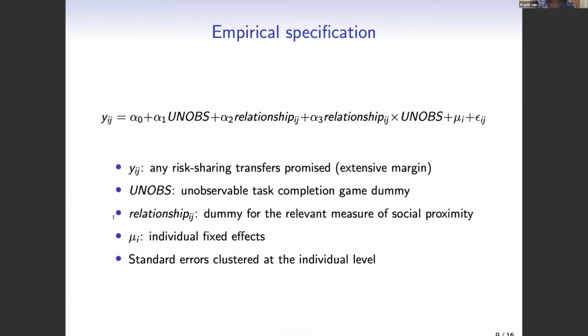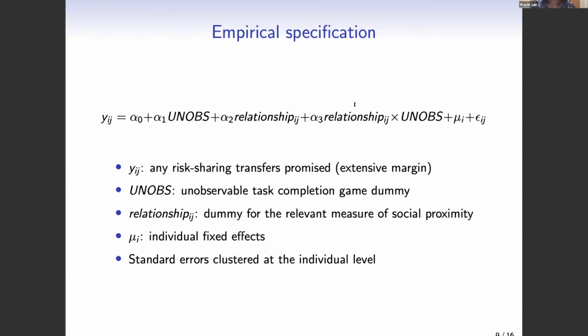The empirical specification: my main outcome of interest is whether there are any risk sharing transfers, thinking about the extensive margin, whether I make any transfer to my partner when I get high income and they get low income. I control for the game, either the observable or unobservable game. I control for the relationships, which of the three measures we just discussed.